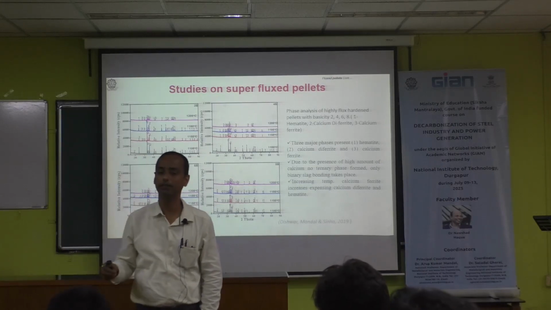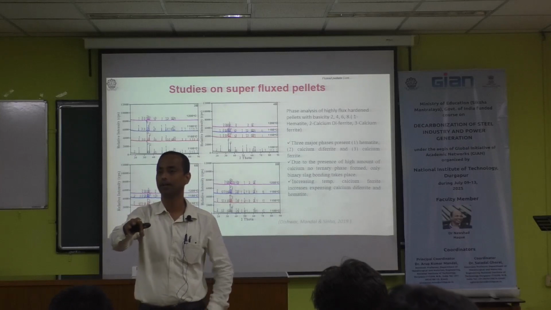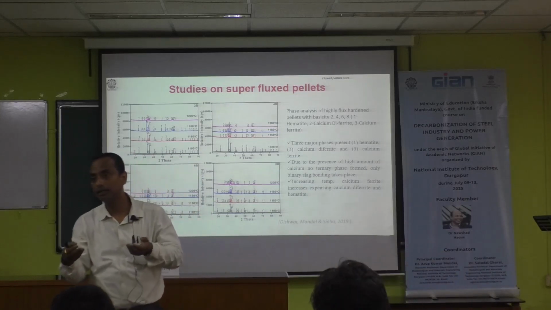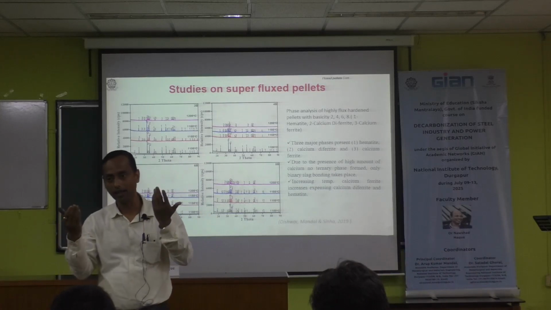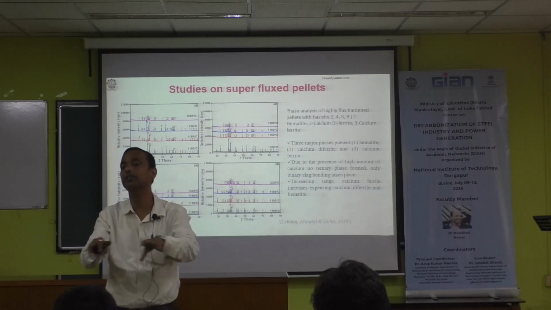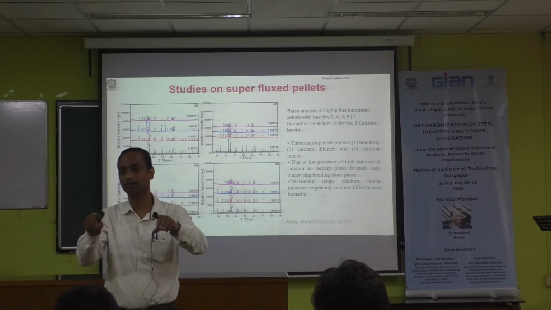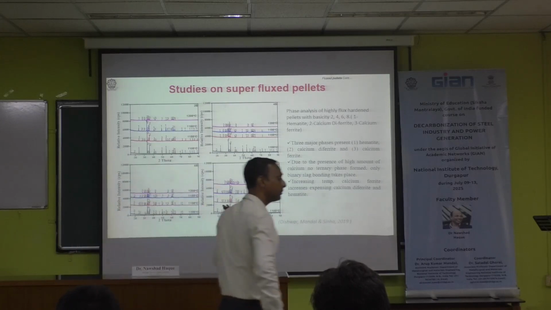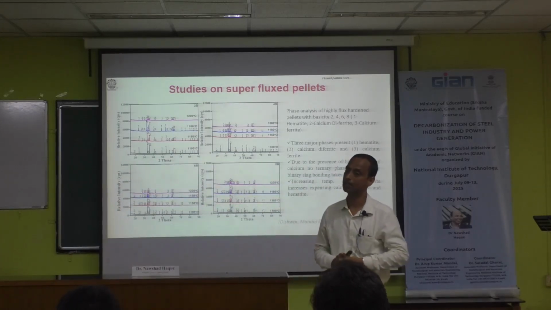Because initially you charge the lime, it takes time to dissolve, and after that it will do the reaction like desulfurization. So the impurity removal will be faster for this type of pellet.